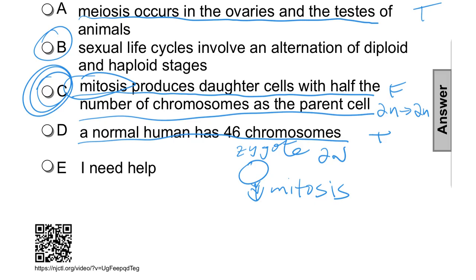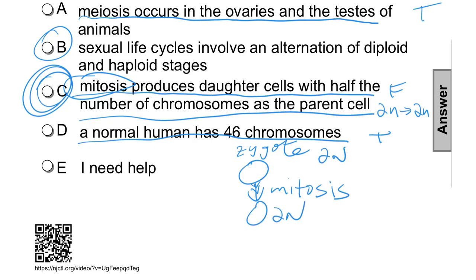Until you're a baby, then a toddler, and then a preschooler, then an adult, then an old person. So mitosis allows the organism to grow and repair dead cells. So that's 2N to 2N.